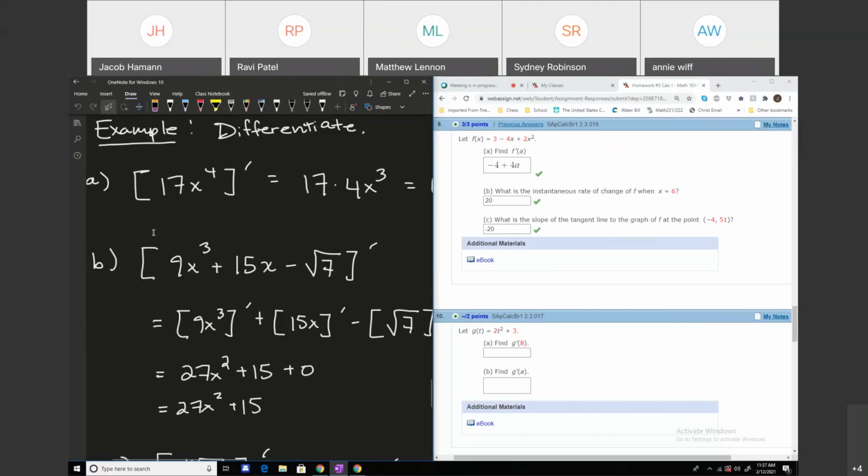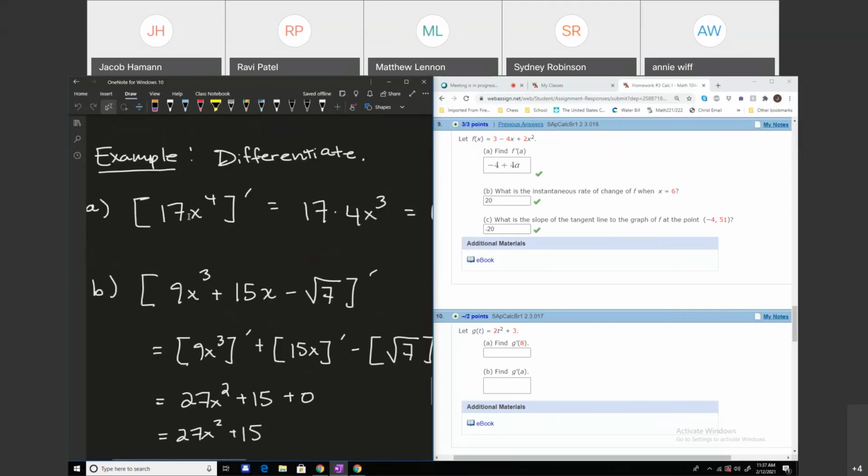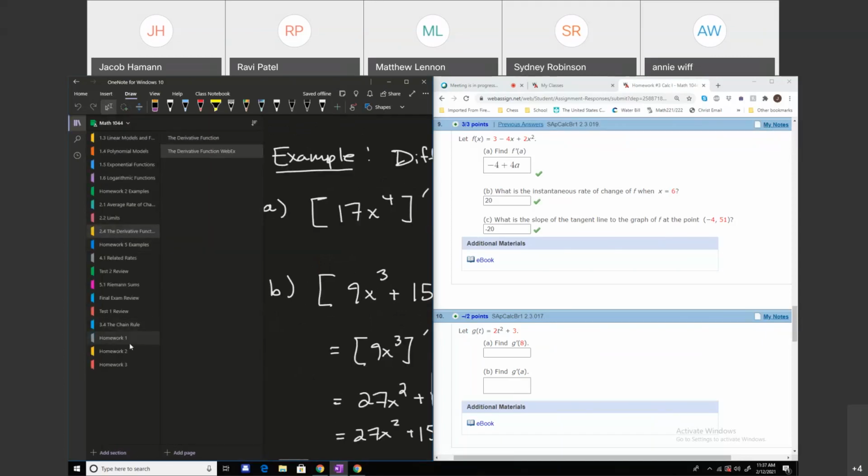Any constant on its own is 0. If a constant's multiplied by x, you take the derivative of the thing it's being differentiated with respect to and then multiply it back. 17 you could say is a constant, but it's being multiplied by x to the 4th, so it's not like a standalone constant. Sure. All right. Thank you.